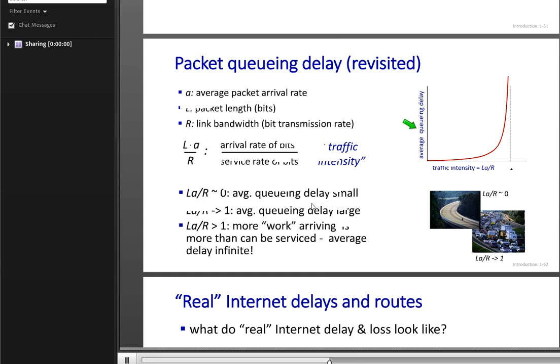Okay? What will happen? The traffic intensity will rise and my link becomes congested. As soon as you increase the arrival rate into the server, it would be congested and the delays will rise.